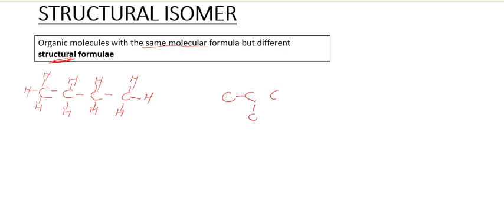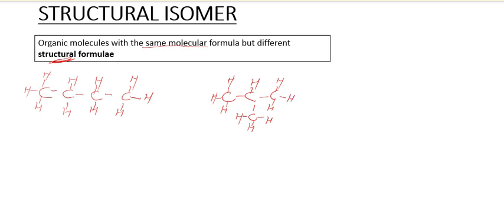So there are 4 carbon atoms even in this one, 1 2 3. Then we have hydrogen here, and hydrogen here, even there.